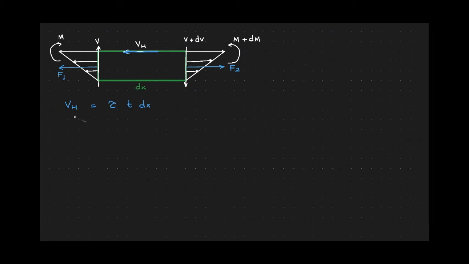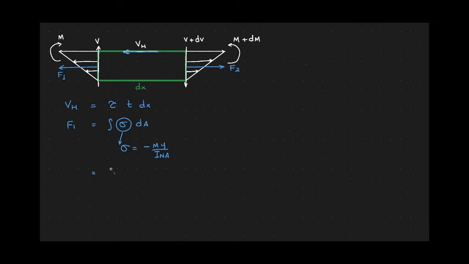F1 may be written first. F1 is equal to the integral of sigma dA. If you recall from your derivation of the flexural stress formula, sigma is equal to negative My over I of the neutral axis. Let's substitute this sigma into the F1 equation.